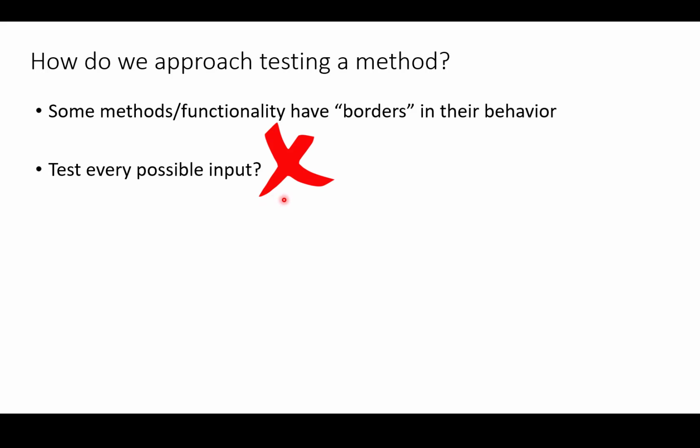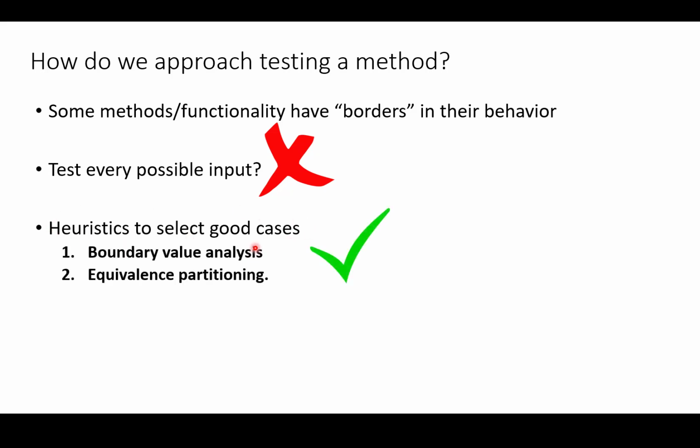If I had to do that for the array list, well, theoretically the array list has infinite size, or maybe up until 2 billion, because that's the limit of an integer or something like that, but that would be too many cases. So we don't want to do that. The idea of this is to find some kind of heuristic for selecting good cases. And we do that using the boundary value analysis and the equivalence partitioning, and both of them combined with the branch testing.